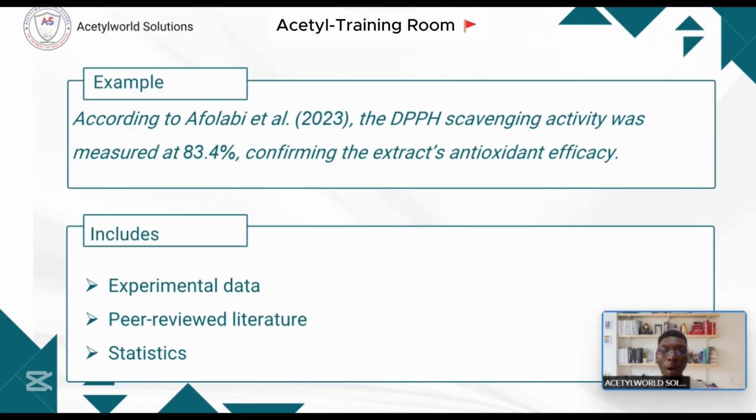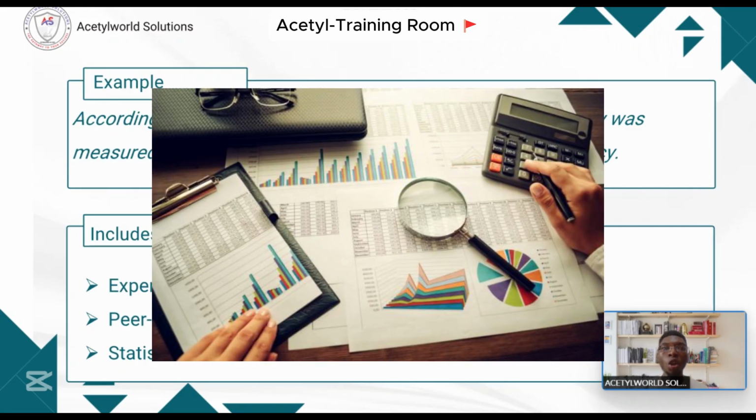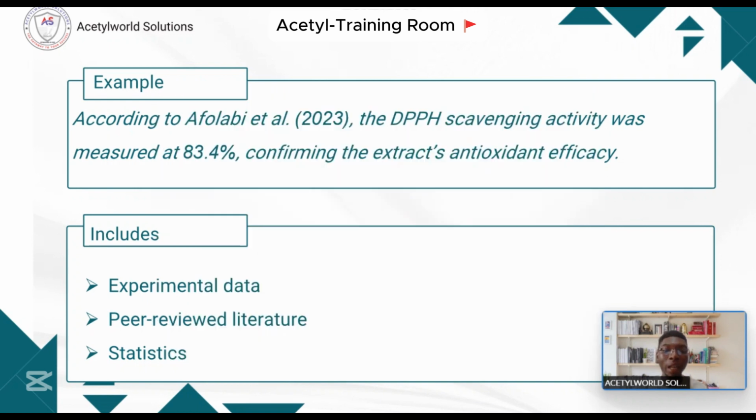Your results, what you get, you might need to put in a statistical form or experimental data that you can prove to us, and peer-reviewed literature, and that's where referencing comes from. So you pick sources that are okay, like what I taught you in the last class. You need to know how to search well so that you won't end up picking from a blog site where they are not peer-reviewed literature. So that's what you use for evidence sake.